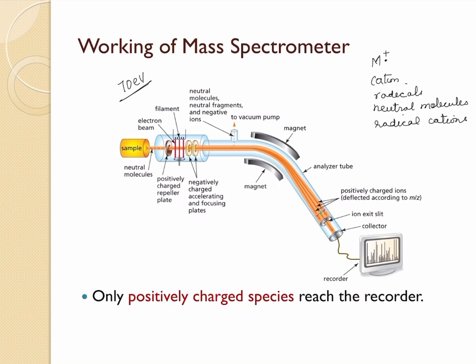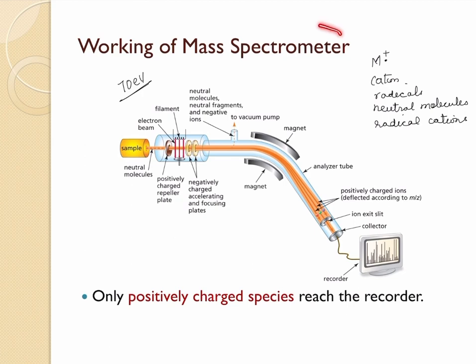Obviously, the bonds that break are the weakest bonds, and those that result in the formation of the most stable fragments. After this, all the positively charged fragments are attracted towards the negatively charged plates and are accelerated into the analyzer tube. The neutral and negatively charged species are sucked out of the system using a vacuum pump.